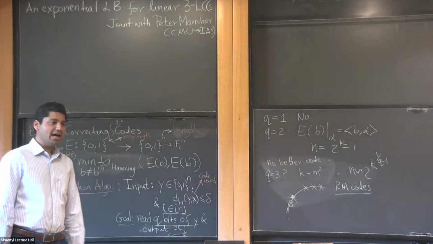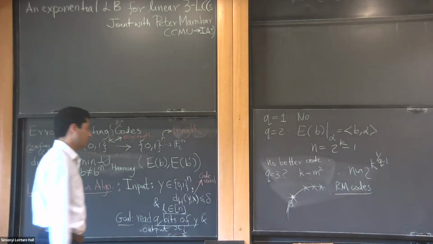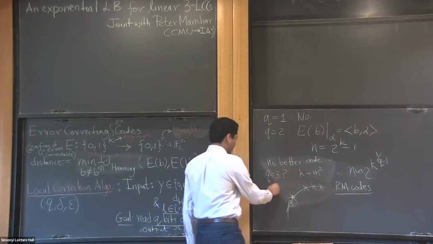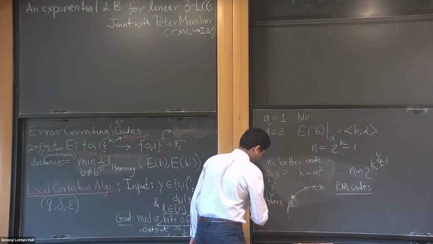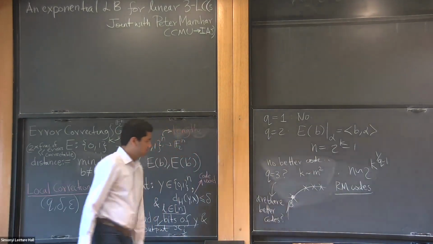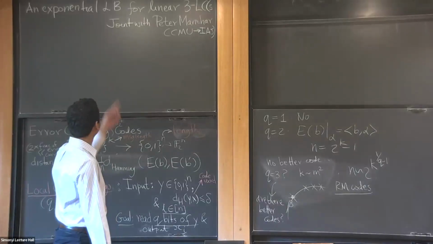And you can ask, as usual, are there better codes? For q equals 3, for example, are there better codes? So we'll hold that question for a little bit, even though you know the answer in some sense.